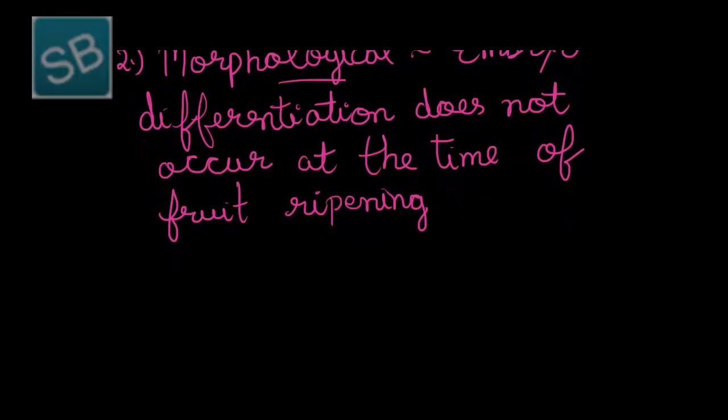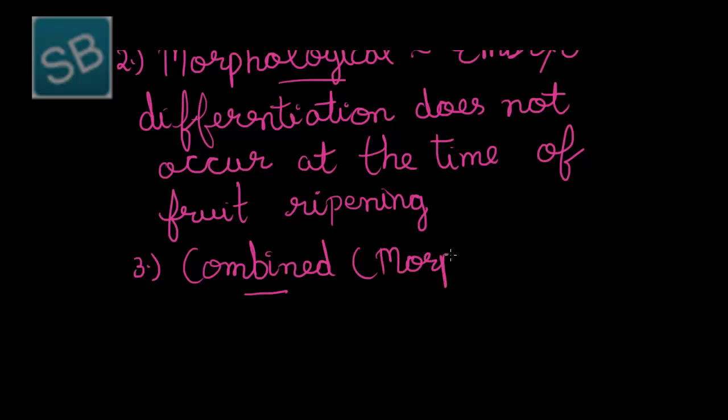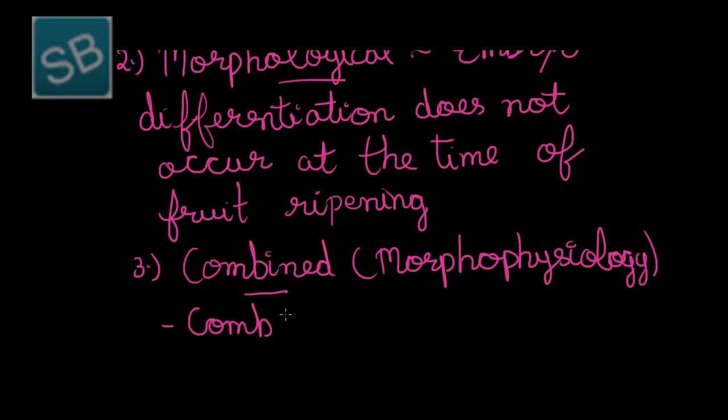The third type is a combination of the above two, that is combined dormancy, which is also known as morphophysiological dormancy, because it is formed by the combination of physiological and morphological dormancy.